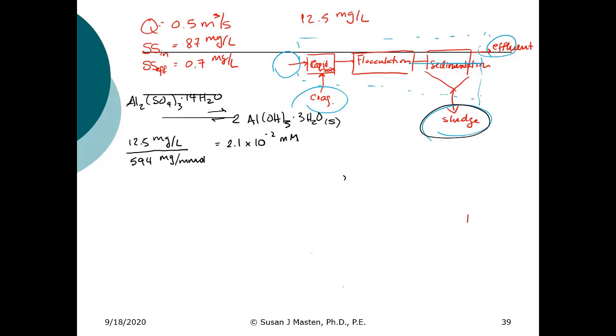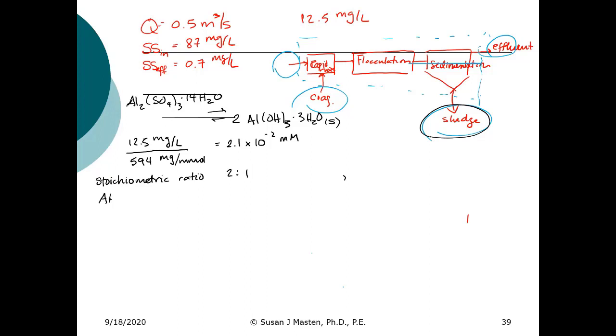Now, the stoichiometric ratio for aluminum hydroxide to alum is 2 to 1. That means for every 1 mole of alum we add, we produce 2 moles of aluminum hydroxide.